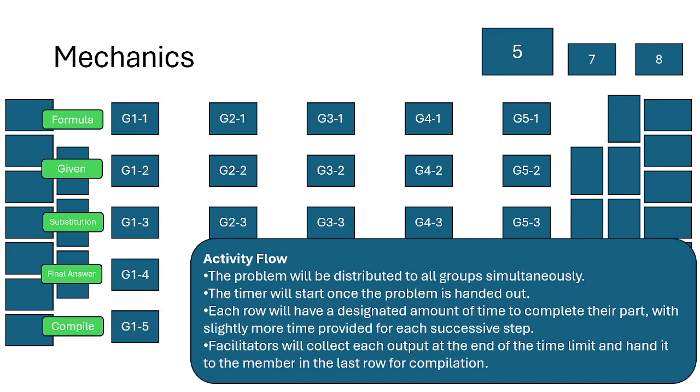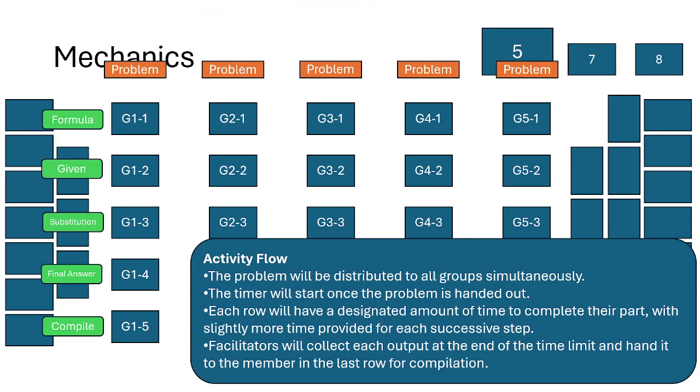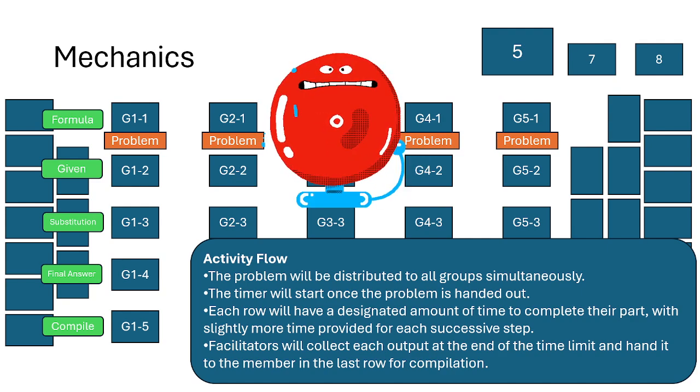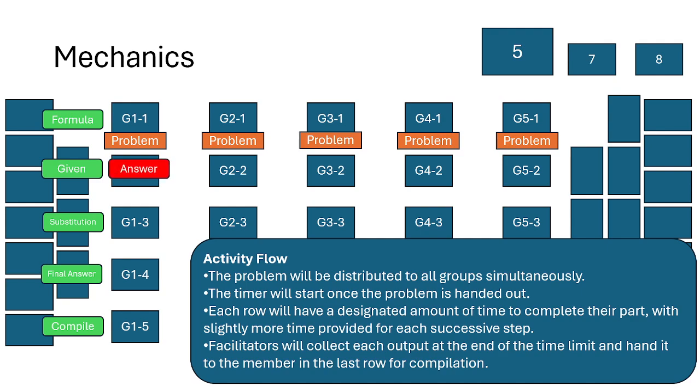Let's see it again for the second part. The same problem will be given to the second row, with corresponding time. That's time's up, and the answer will be given to the last row.